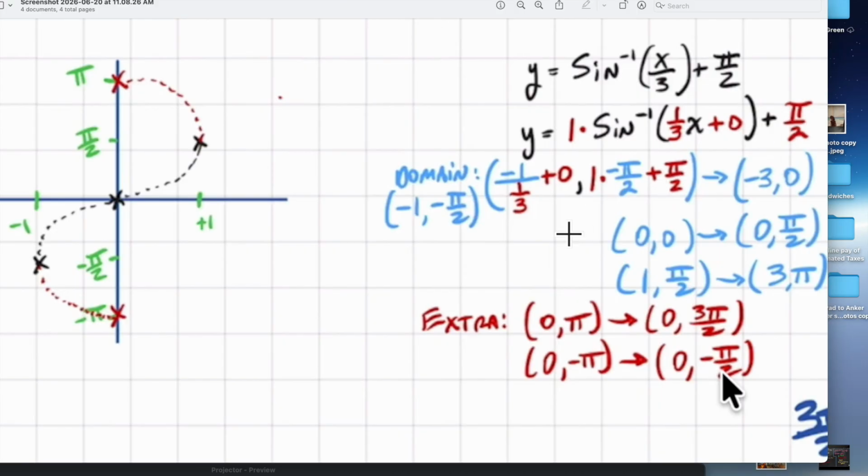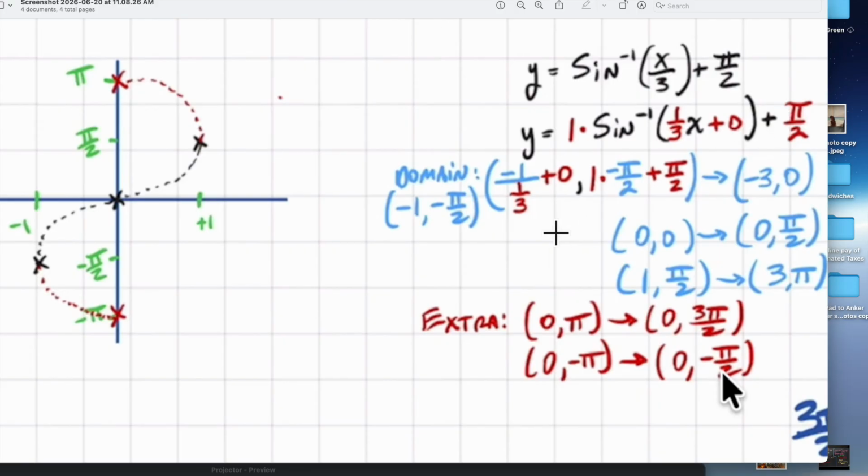Let's start inside. This is going to be a horizontal stretch by a factor of 3 with no horizontal translation. There is no vertical stretch or compression, and there's going to be a vertical shift of positive pi over 2.